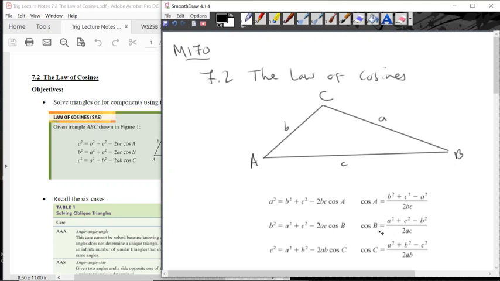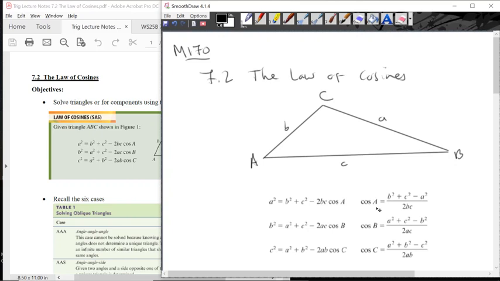Recall that using the inverse cosine is going to restrict the domain of the cosine function to quadrants 1 and 2. So it's possible to get solutions to these equations that are either in quadrant 1 or quadrant 2. That is, we can get an acute angle, in quadrant 1, between 0 and 90 degrees, or an obtuse angle.